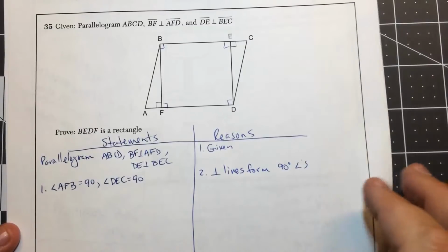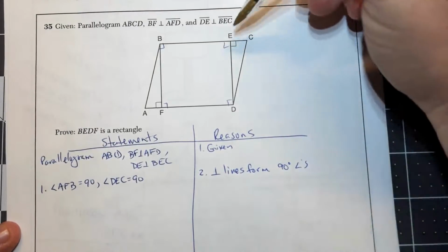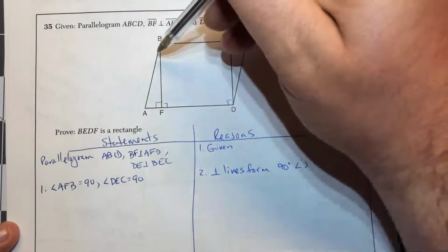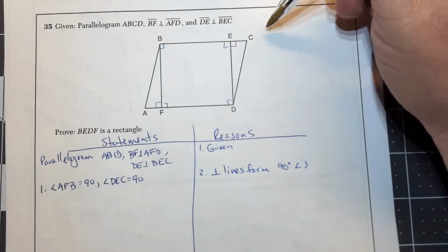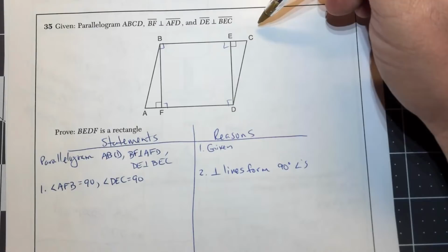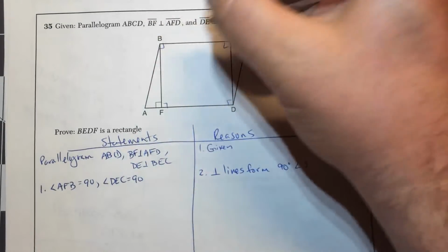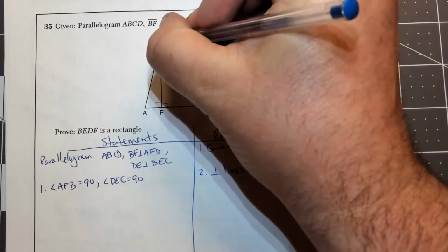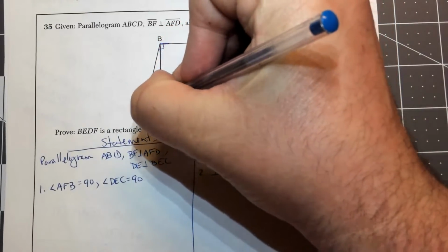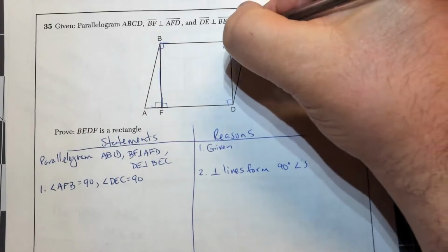All right. And we want to get the angles next door to these two to be perpendicular. So what we're going to try to do is a couple of things here. Now, because parallelogram ABCD is given, we also have these Z's going on here. Okay? You can see the Z's.